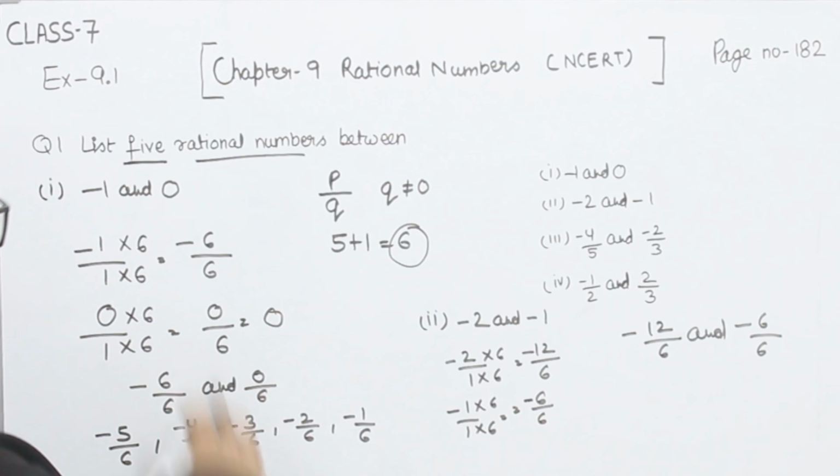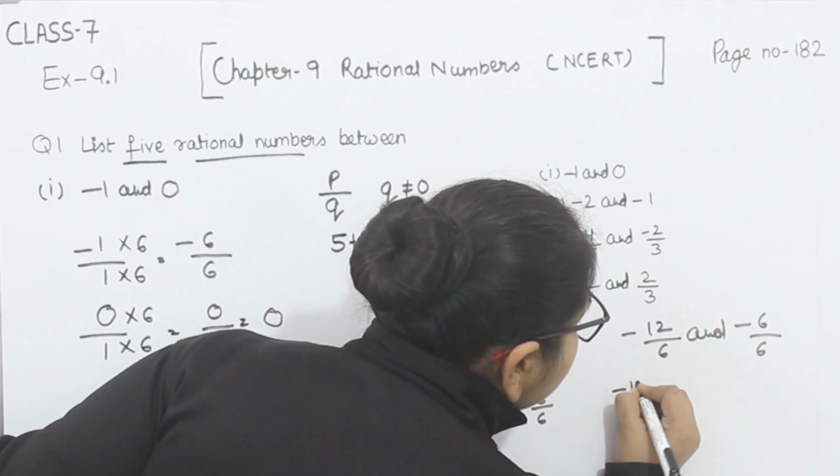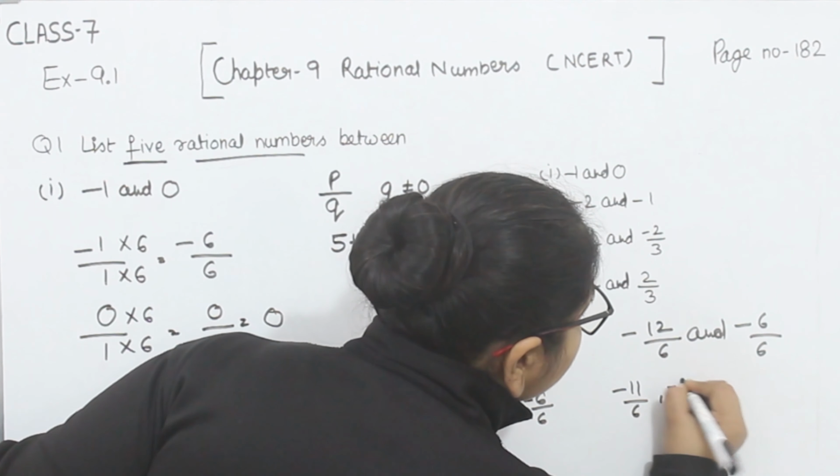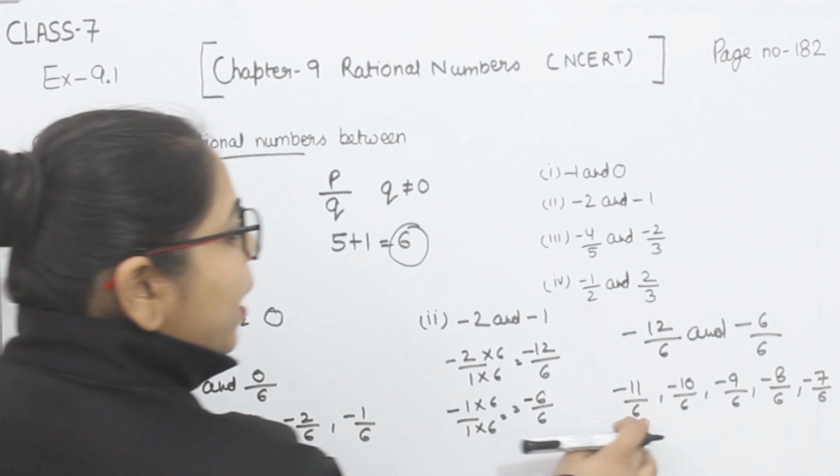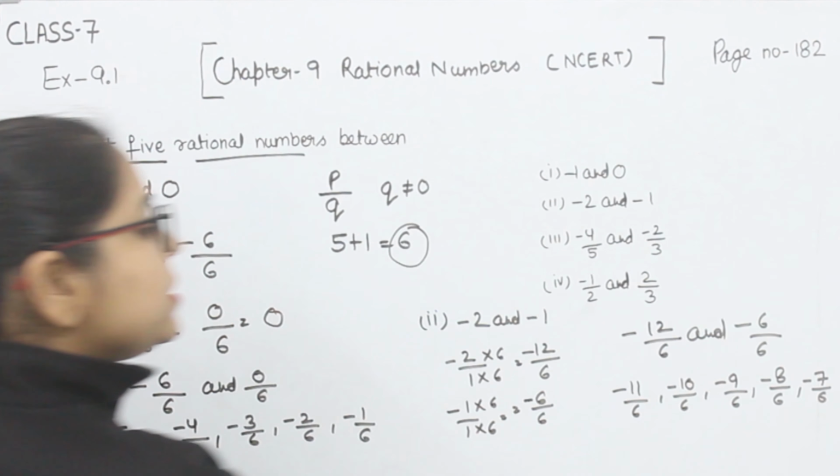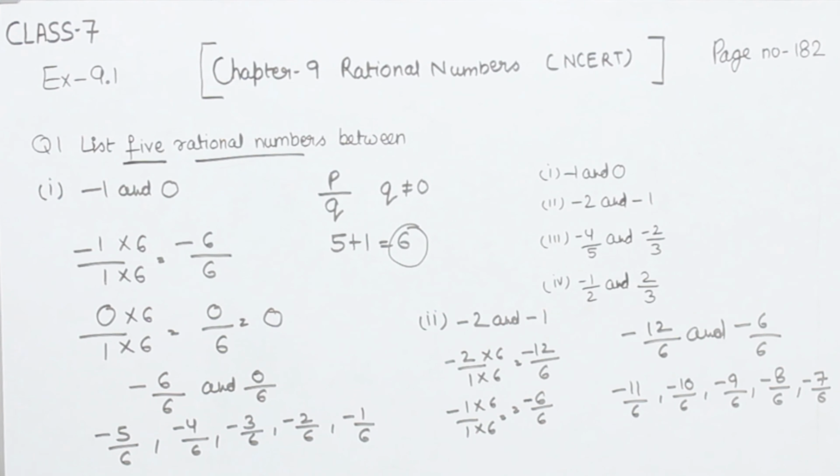So we have to write the numbers between -12 by 6 and -6 by 6. We have to write 5 rational numbers: -11 by 6, -10 by 6, -9 by 6, -8 by 6, -7 by 6, and the next one is -6 by 6. So 1, 2, 3, 4, 5. So this is part 2.